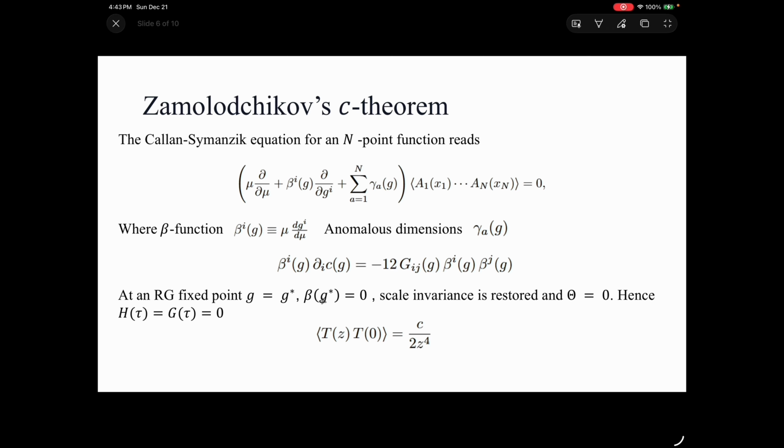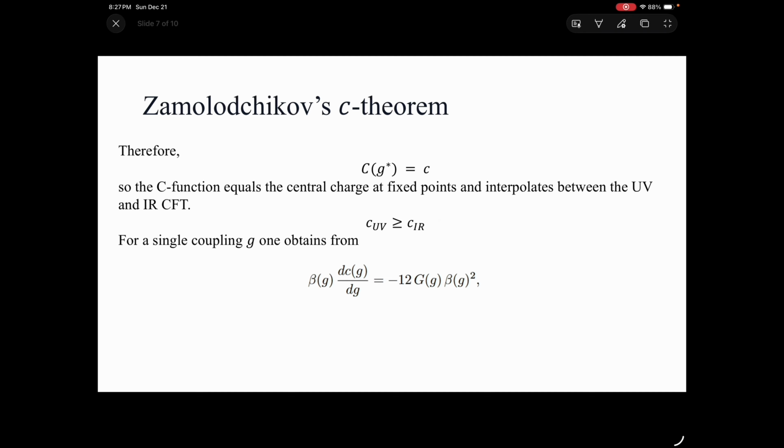At the fixed point, we use g star to denote g, and the beta function vanishes. Because a system at a fixed point is scaling invariant, the trace operator is 0. Then both H and G are 0. And the 2-point function of the stress tensor can be written like this, where c is the central charge. Therefore, we know that at the fixed point, the c function becomes the central charge.